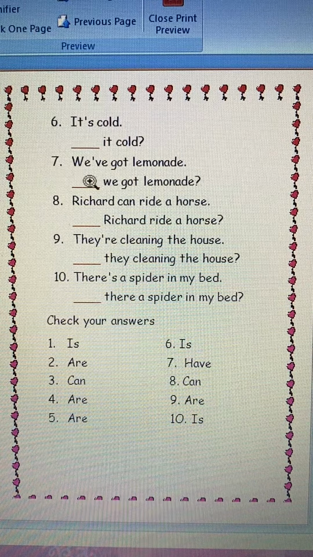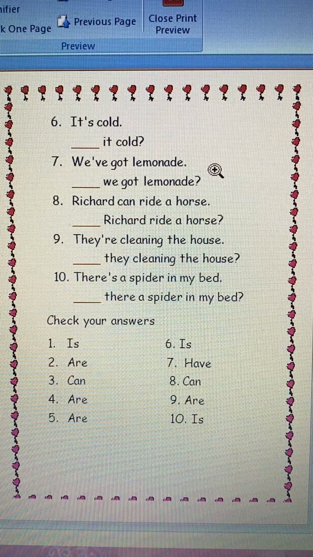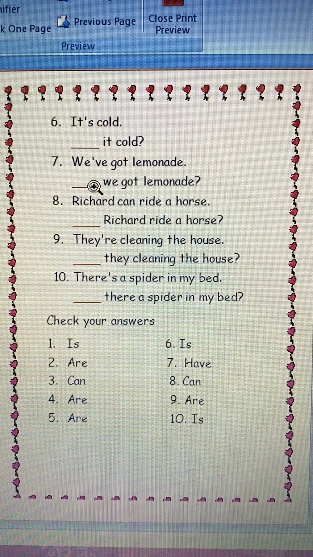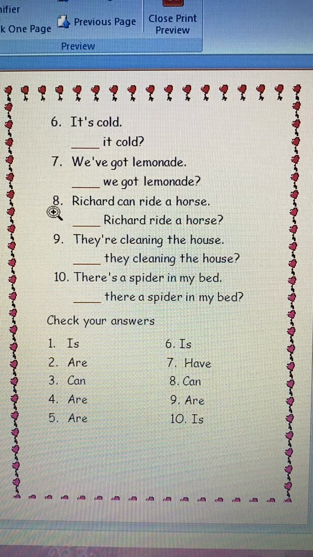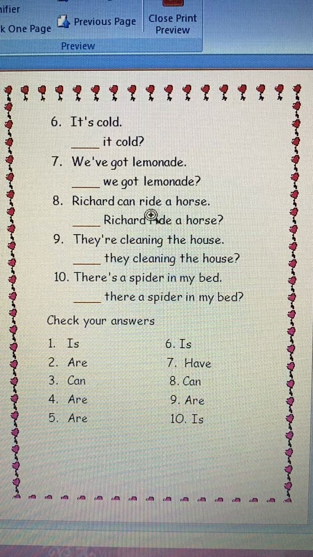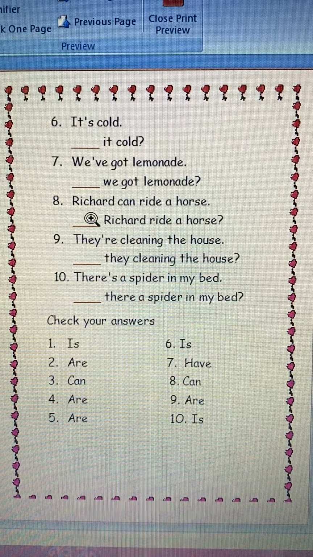Number 7, we've got lemonade. So you have to write, have we got lemonade? Write the question word first. Have we got lemonade? Okay. Number 8, Richard can ride a horse. What is the subject? Richard.